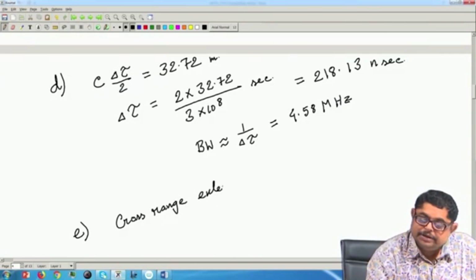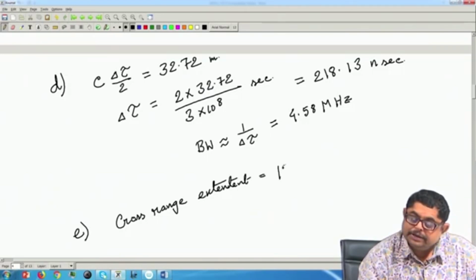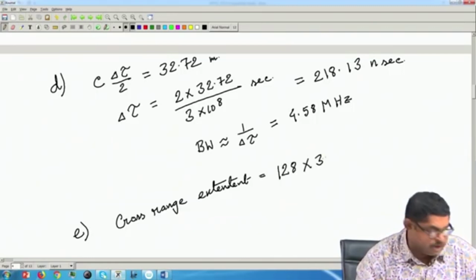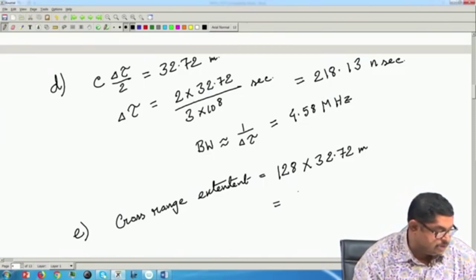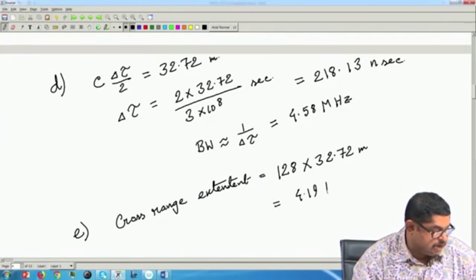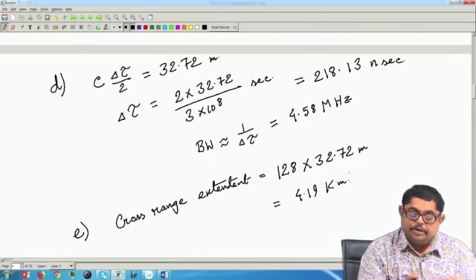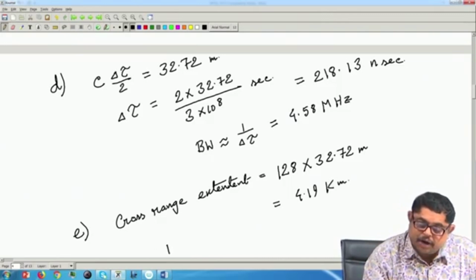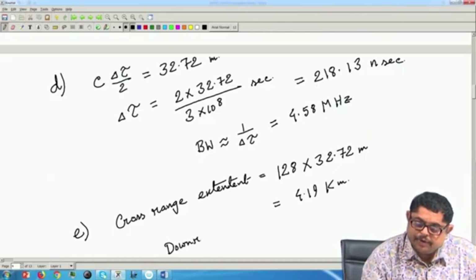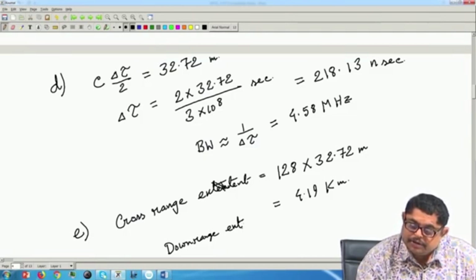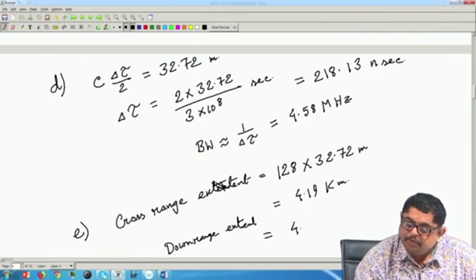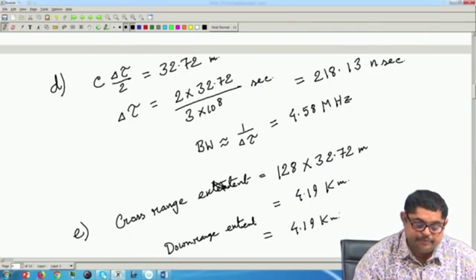So, the cross range extent we can say is 128 into 32.72 meter, which is 4.19 kilometer. Since it is a square grid, the downrange extent will also be 4.19 kilometer.